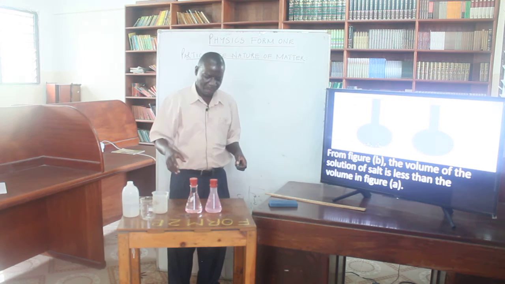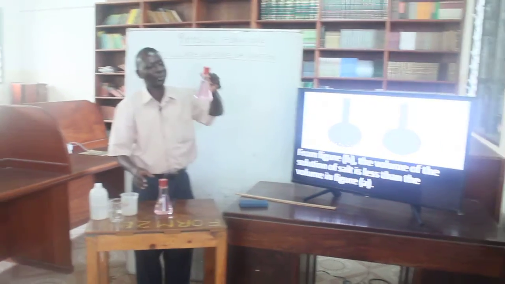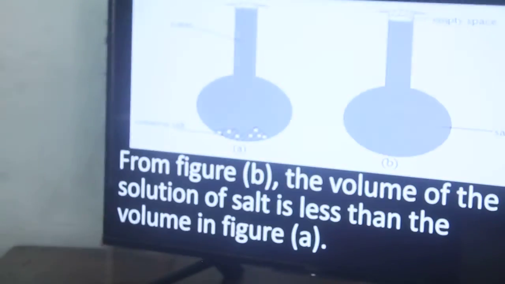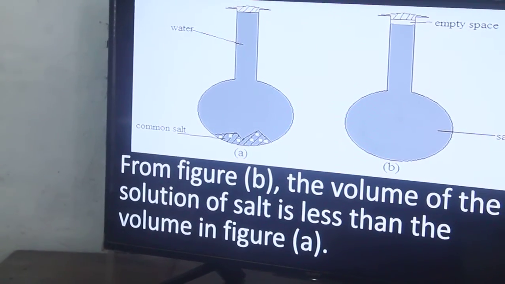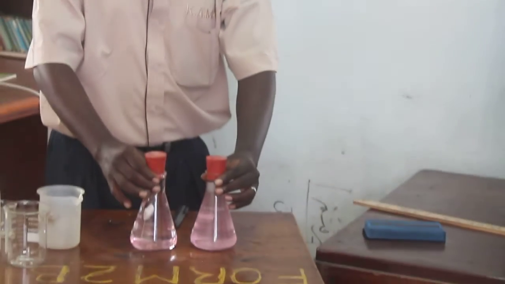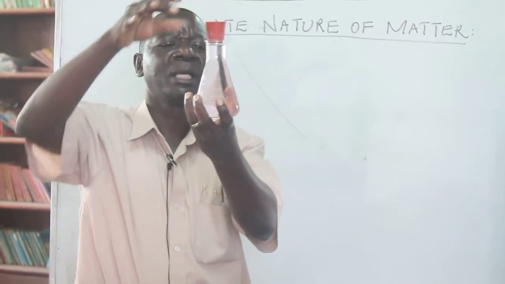So in our second set, this is the one where we have dissolved the salt and kept it to settle for some time so that the experiment will be complete. This is the one we have as observed.